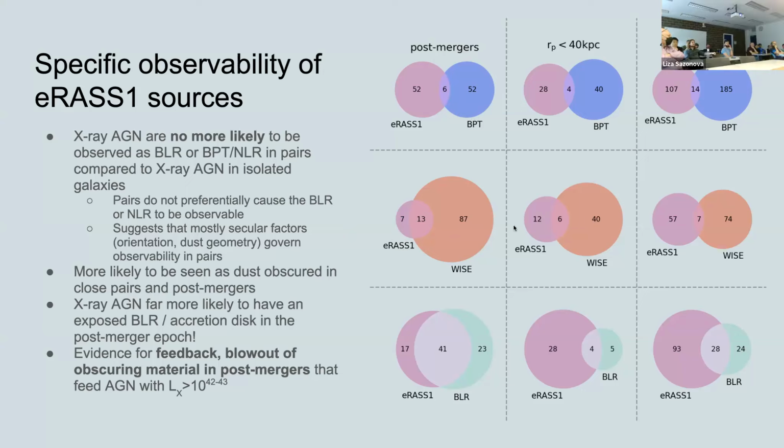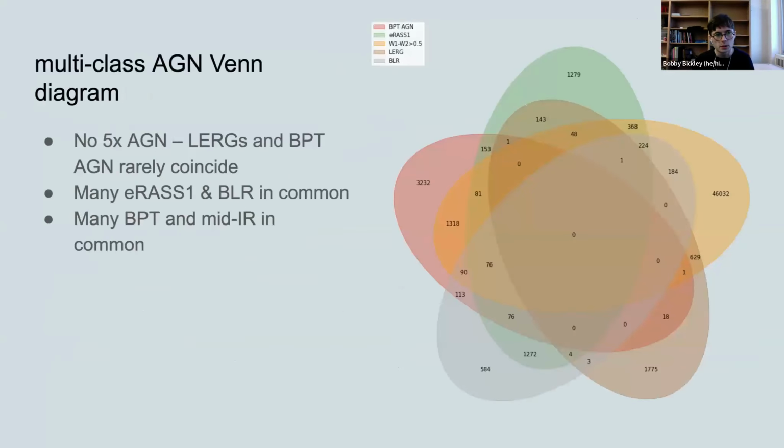And do you know what's the overlap between the WISE, X-ray, and broadline? Are there any galaxies that are all three? I believe so. I'll go back to this, and I'll add that we're also changing our WISE criterion.